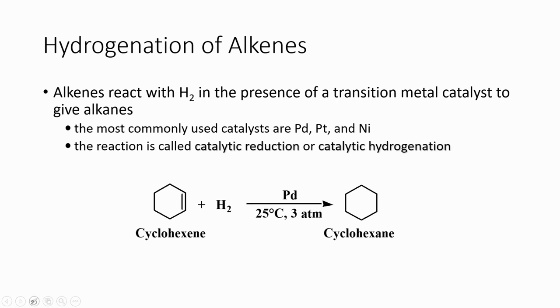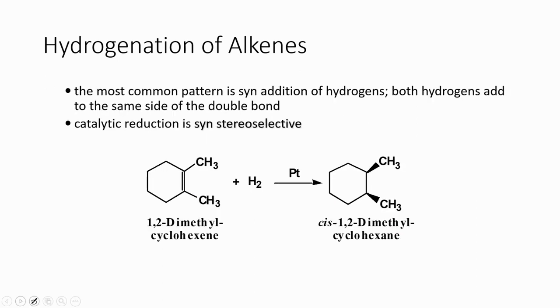So we'll add hydrogen across that double bond. We add hydrogen on each side before. Now we're going to add another hydrogen as we split this hydrogen and add it across the double bond. It is going to be forming a cis product. We're doing syn addition.